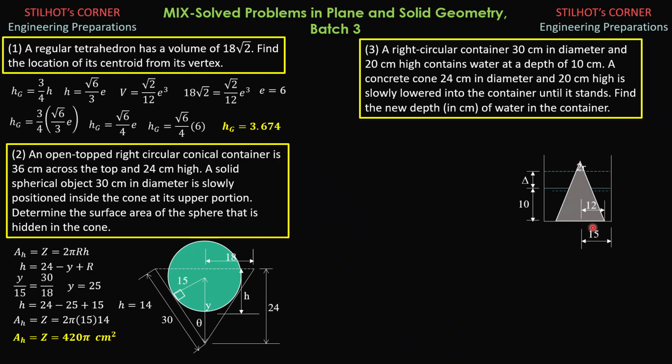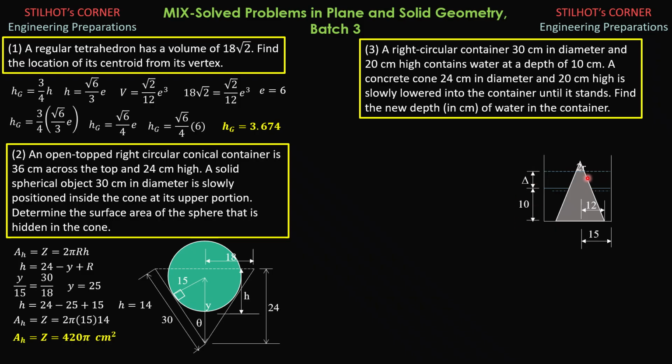Then the radius of this cone is 12, the height is also 20. The original depth is 10 centimeters in the right circular container, so when the cone is slowly lowered until it stands, this level will rise by delta, and the new depth is 10 plus delta.